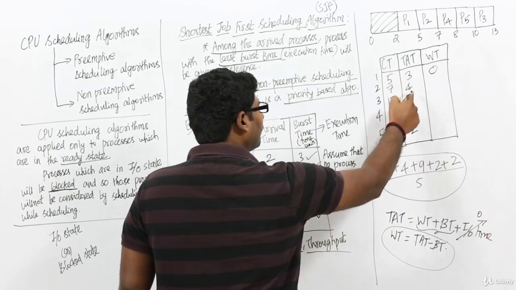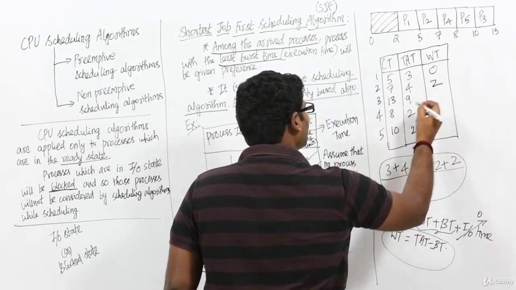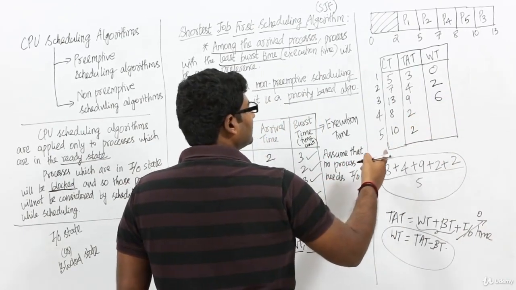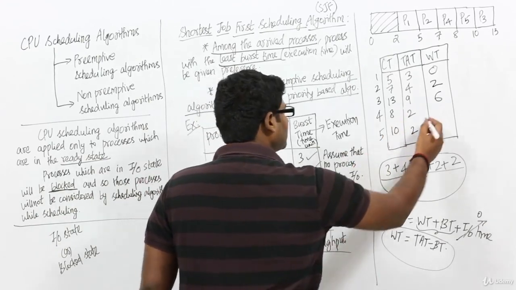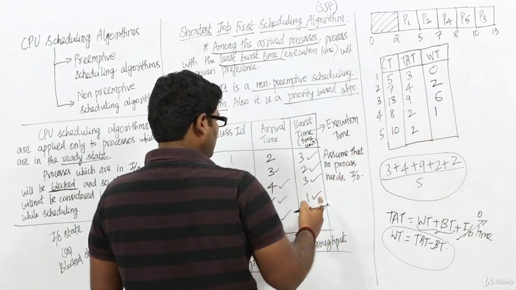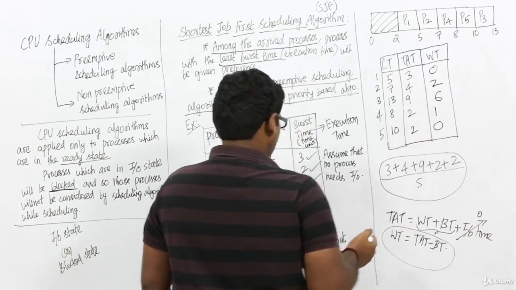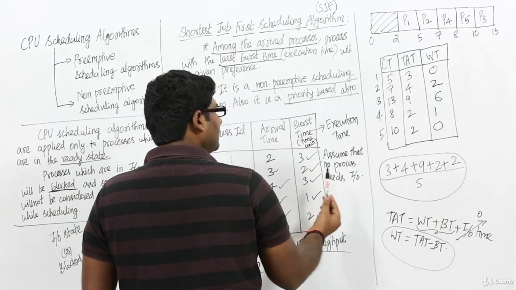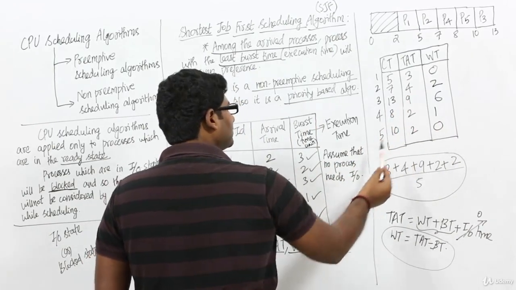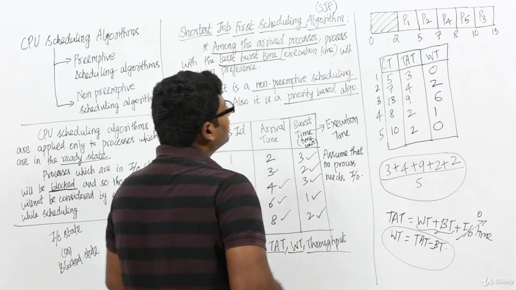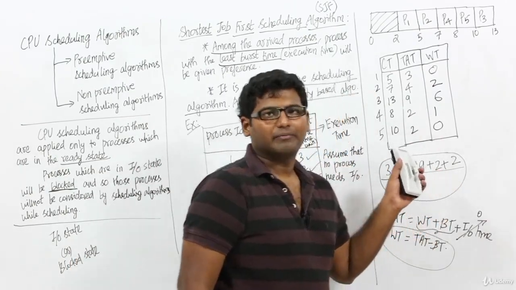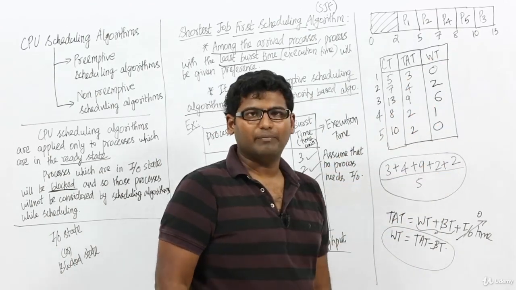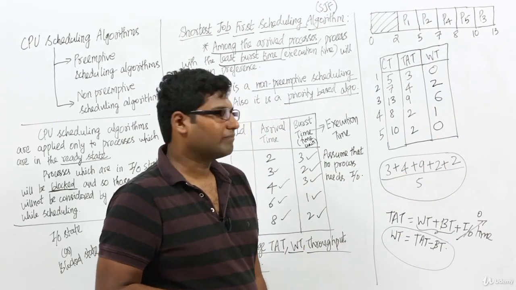Similarly, 4 minus 2 is 2, 9 minus 3 is 6, 2 minus 1 is 1, and 2 minus 2 is 0. Now we can calculate the average waiting time, right? To calculate the average waiting time, just add all 5 waiting times and then divide by 5. That is the average waiting time.